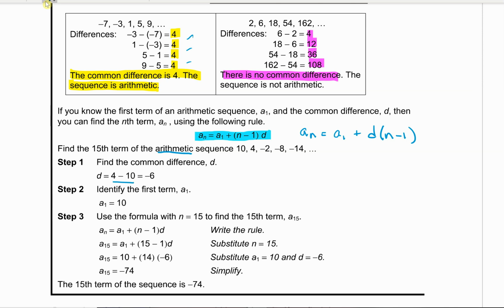So d is -6. The first term is that guy there, 10, so you just plug those in. And you're looking for the 15th term, so that's what n is. So basically, we got d is -6, a1 is 10, and n is 15. Plug all those in, do the math, you get the 15th term is -74.